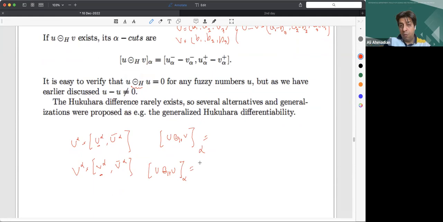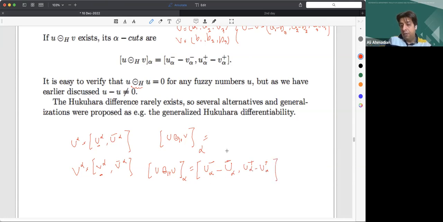So what we have is the lower one minus the lower one, u alpha minus lower u alpha, and the upper bound minus the upper bound, u plus alpha minus u plus alpha.